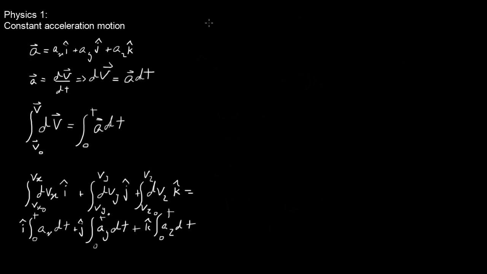So let's say for i hat I have the integral from vx naught to vx of dvx. I don't write i hat anymore because I have one i hat on the other side so they cancel. So the integral from 0 to t of ax dt.